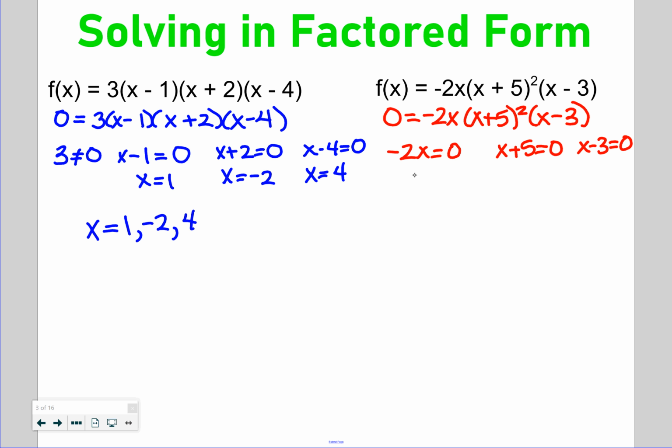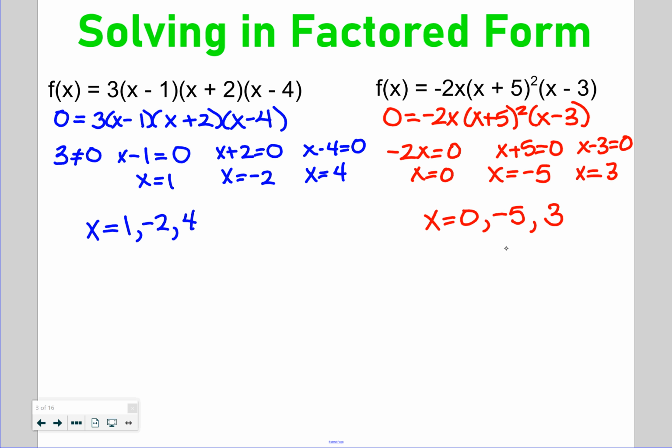In the first one, I'm just going to divide by negative 2 on each side. I'll get x is 0. In the second one, if I move the 5 to the other side, I'll get x equals negative 5. And in the final factor, if I set it equal to 0 and move the 3 over, I'm going to get x equals 3. So my solutions here are 0, negative 5, and 3.